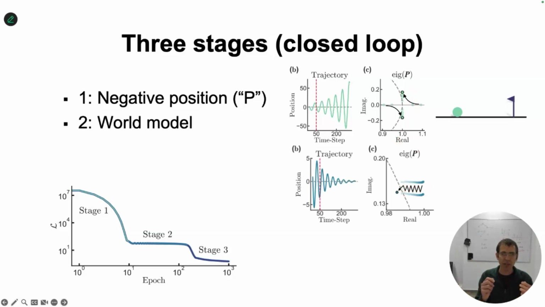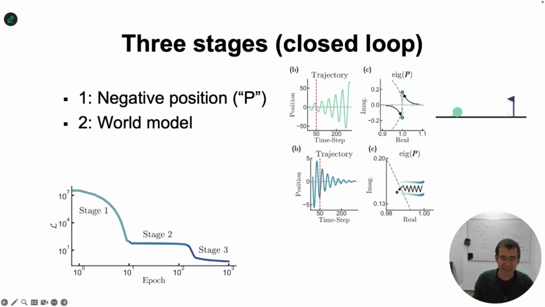The zigzag is really a balance between 2 forces. One of them, you really want to push it to the goal position. The other is that you are aware there is a long-term consequence of your actions because you're in closed loop. And that actually pushes the eigenvalue in the opposite direction.